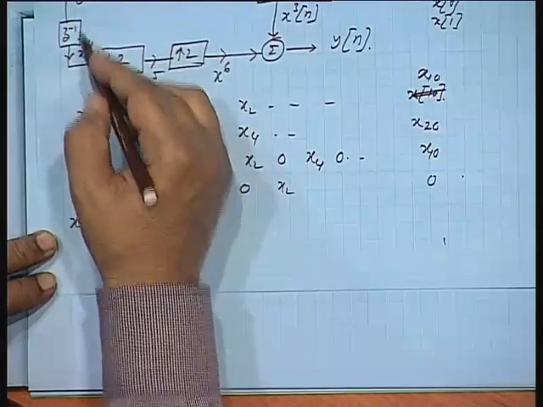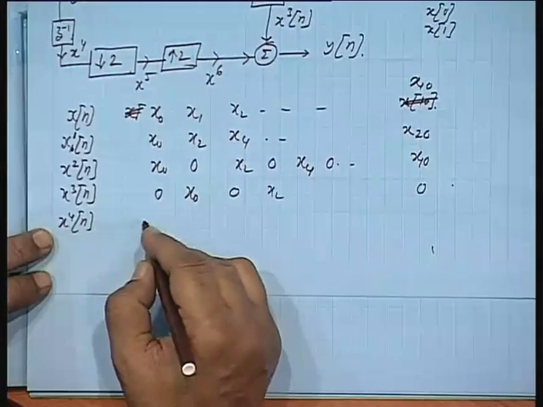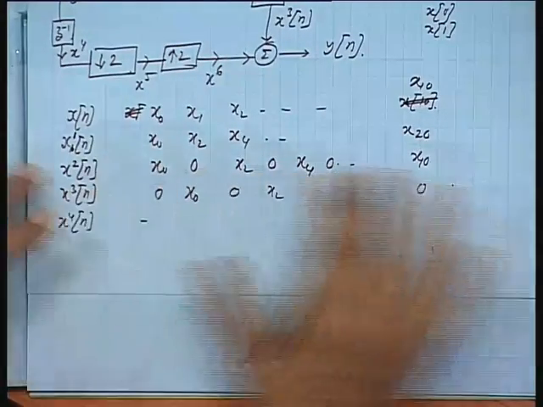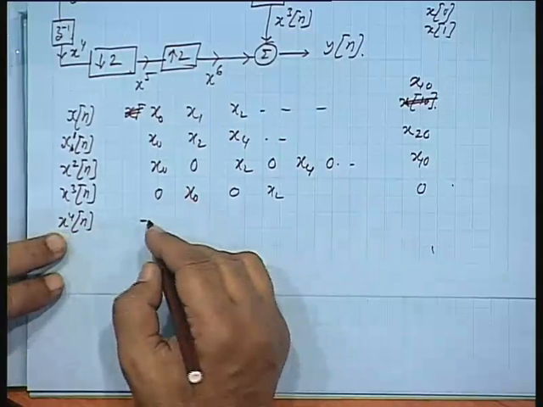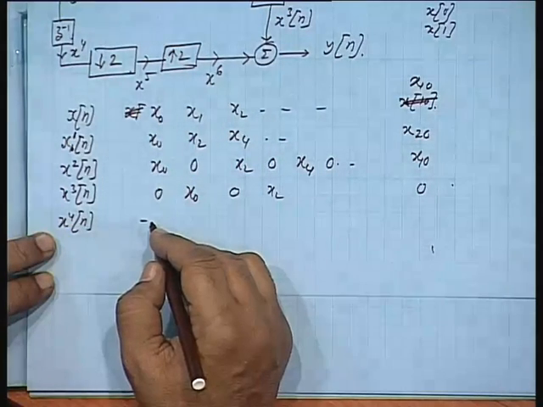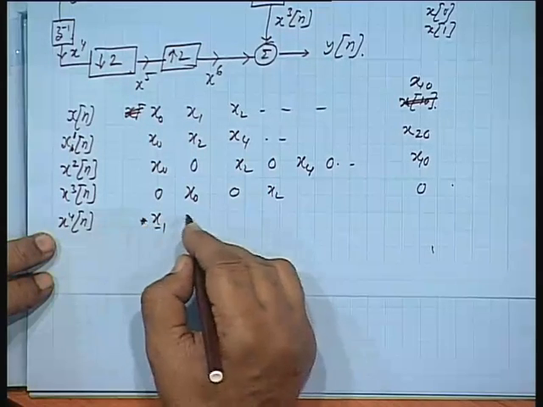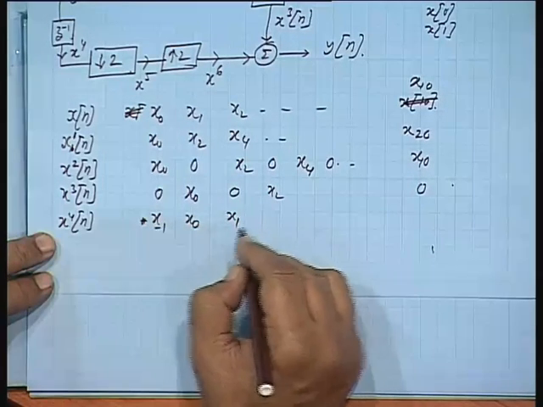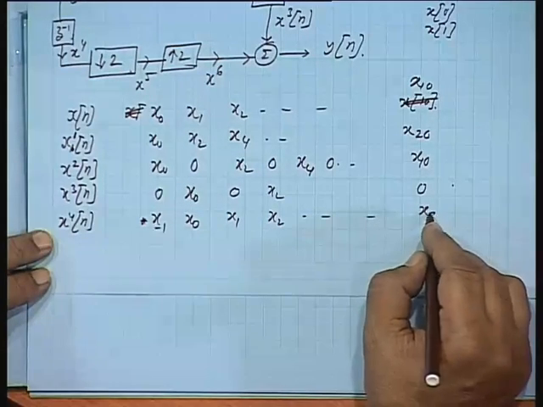this one is xn delayed by one step. So, it will be shifted one step. If it is a sequence of data coming, then it will be something like x minus 1, okay, x of minus 1, then x0, x1, x2, x9.